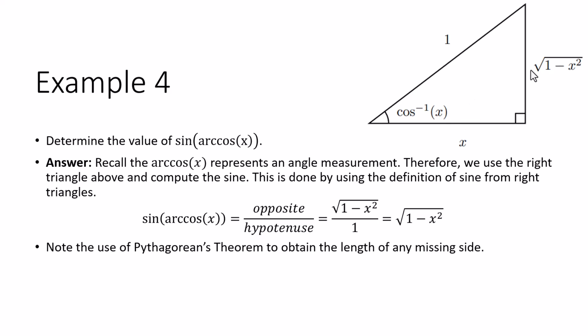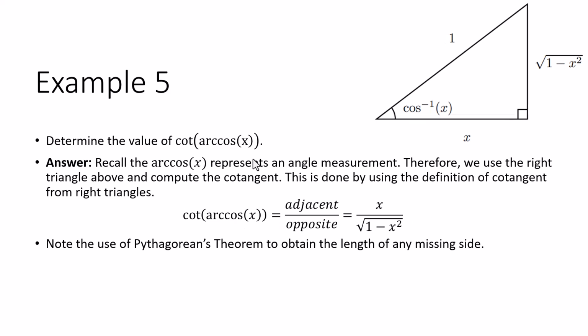I identify the opposite side, which is square root of 1 minus x squared, and I identify the hypotenuse, which is 1. Form that ratio and simplify. And in this case, it simplifies nicely to just the square root of 1 minus x squared. Again, remember, Pythagorean's theorem is going to help you obtain the length of any of the missing sides of this triangle.